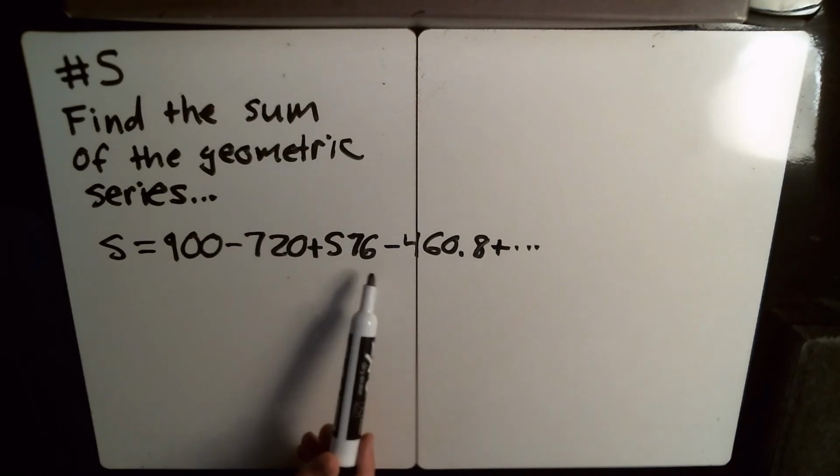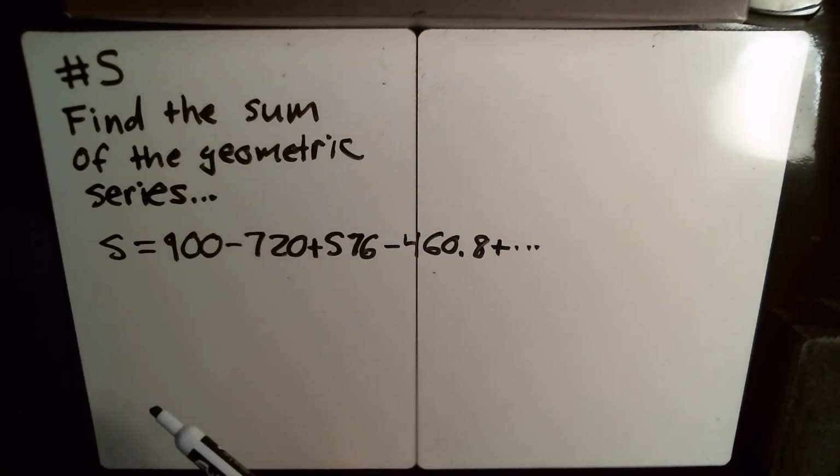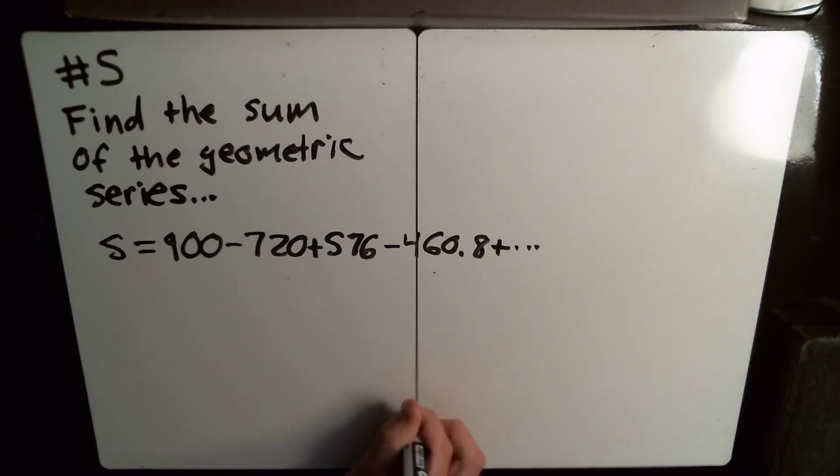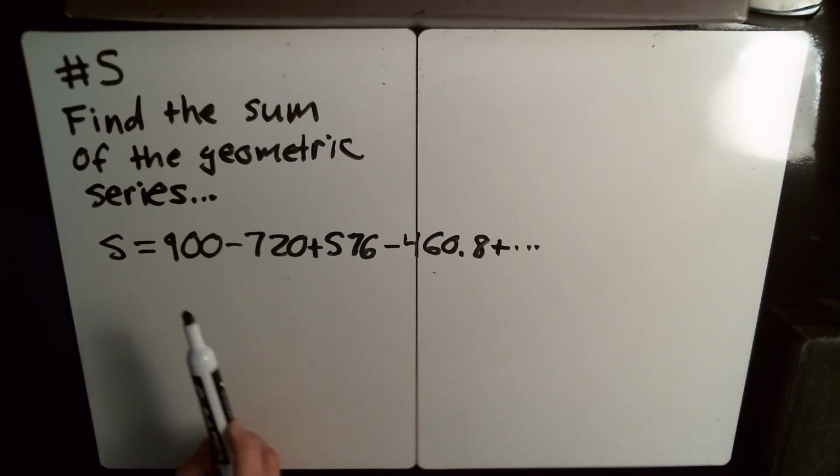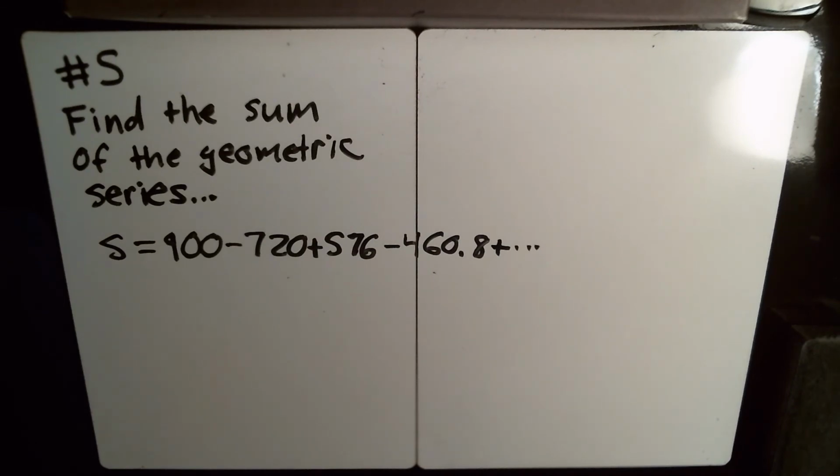The numbers I'm dealing with here are getting smaller, and as they get smaller, I'm adding less and less every time. So it's possible I could be getting close to a number when I add up all these infinitely many numbers. When you add up infinitely many numbers and it does get really close to a number, we say that the sum converges.